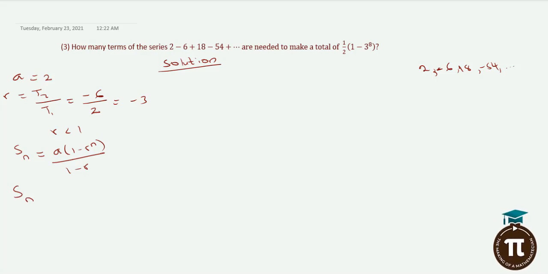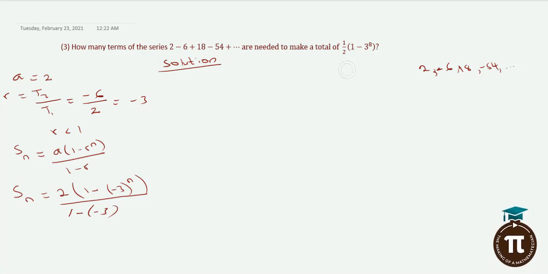So I have Sn to be equal to A. A is 2. I have 2 open bracket 1 minus, we don't know what n is, minus 3 raised to power n, that's what I have, all over 1 minus r, so all over 1 minus r is minus 3, so 1 minus negative 3.